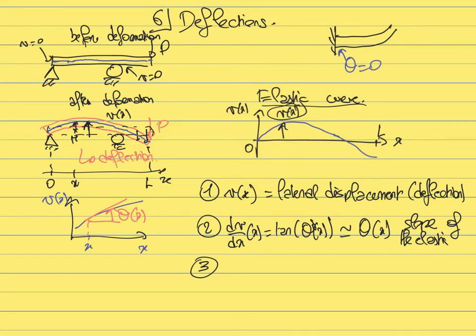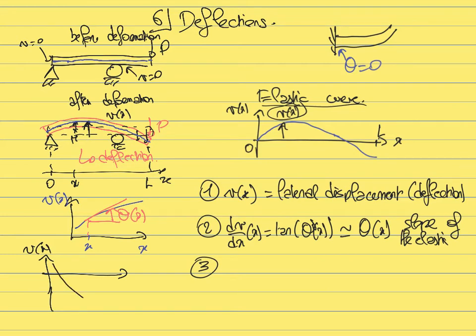quantify the curvature is that if you have an elastic curve like this, so if you plot the function v, if you want to know the value of the function, you just have to look at the value of v at a given x. If you want to know the slope, then you just have to take the derivative. But now if you want to know not the slope, not the value of the function, but the curvature.